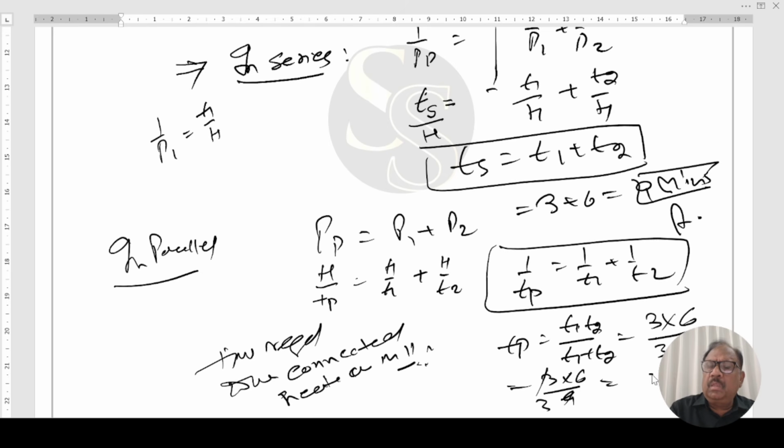That is 2 minutes will be taken. If they are connected in parallel, time taken will be less compared to the series combination. So this can be used as a direct formula for time taken to boil the water, right?